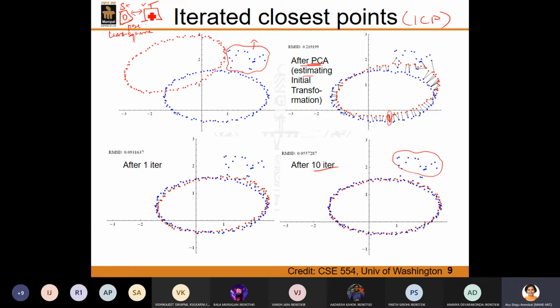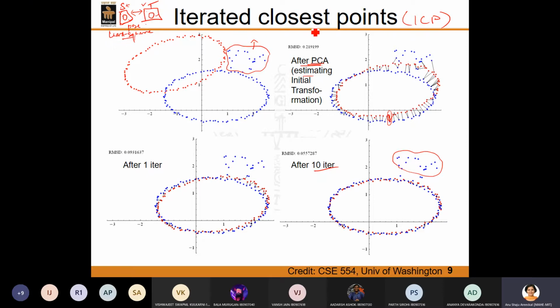For a particular pixel or point present in the source, you take the rotated, scaled, and translated version of the source image and compare that with the target image, and see what difference is present. That difference gives us the error function, and we are trying to minimize that error function. That is basically the least square minimization problem.